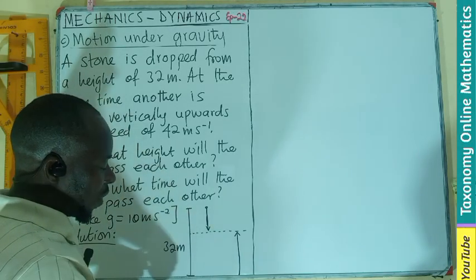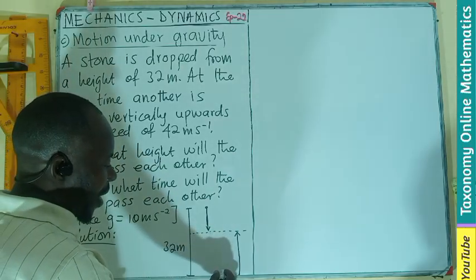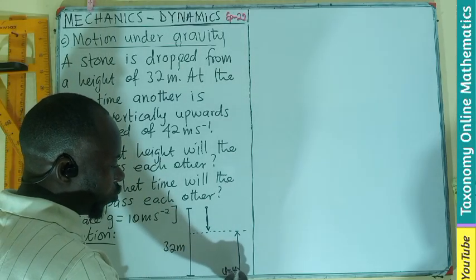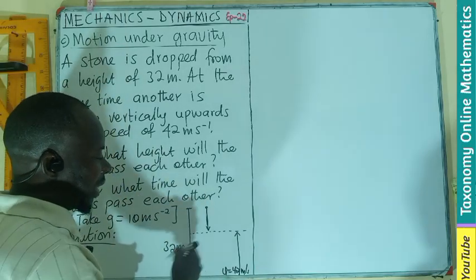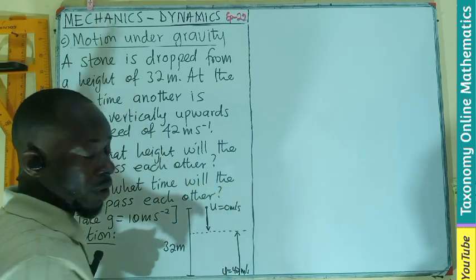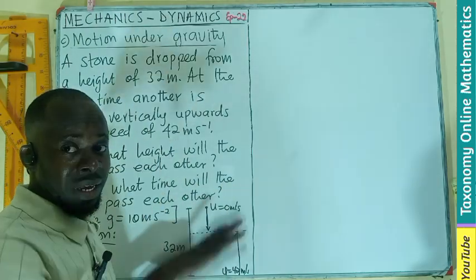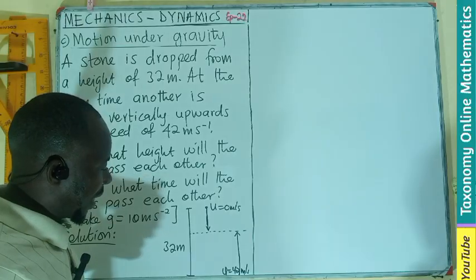We have initial velocity here as 42. So I can have my u as 42 meters per second. Then here the initial velocity is going to be 0, because we're not told the velocity at which it is being projected down or dropped. Then what again is needed?